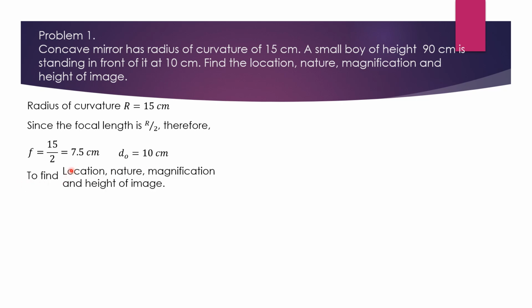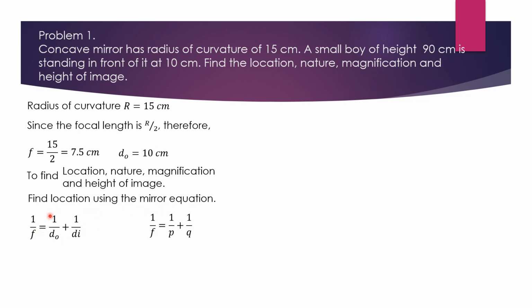To find the location, nature, magnification and height of the image, find the location using the mirror equation. This is the mirror equation. And in the mirror equation, you must have come across this equation as well, which is given in some other books, like your Punjab textbook board book, which is 1 over f is equal to 1 over p plus 1 over q.